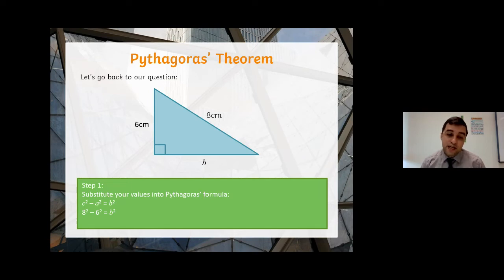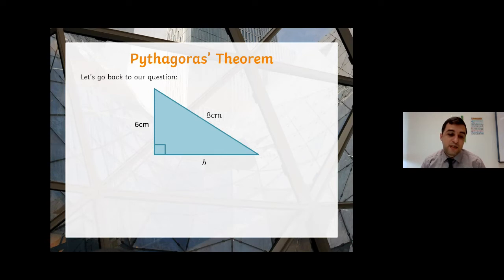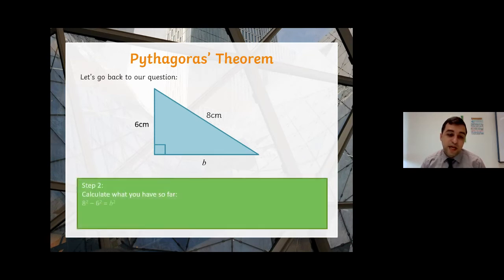Later, the other leg, the shorter side, 6 centimeters, squared, we should subtract from 8 squared, so we calculate 64 minus 36. It gives us the square of the missing side. If we want to find that missing side, we should find the square root, which in this case is 5.3, rounded to the nearest one decimal place, with the unit of measurement centimeter.